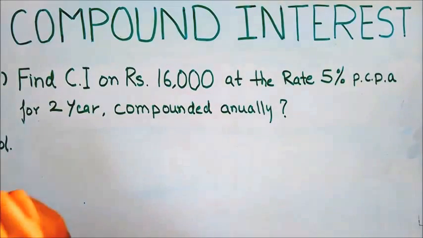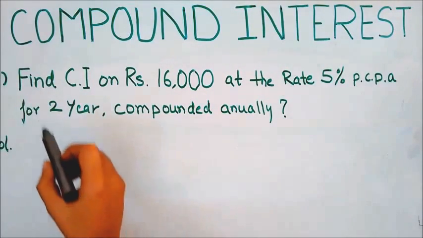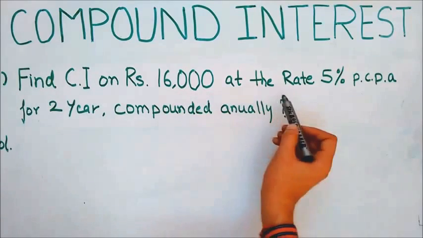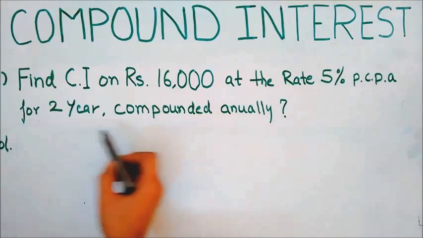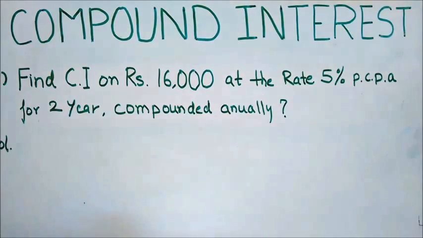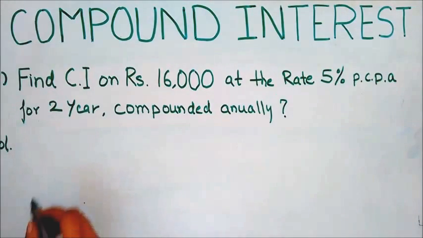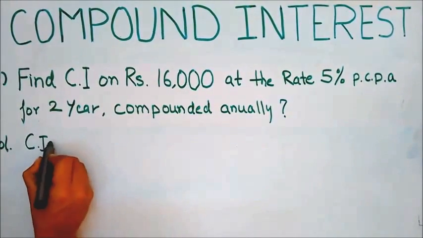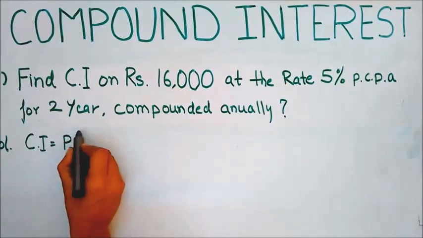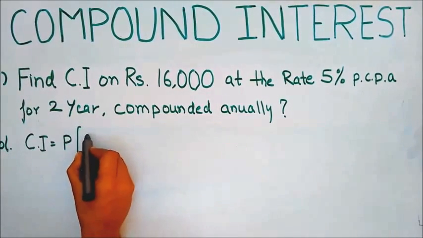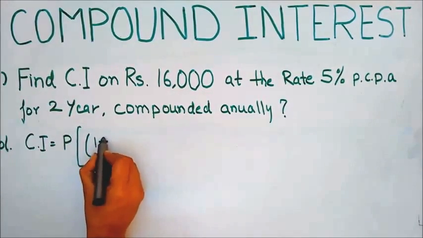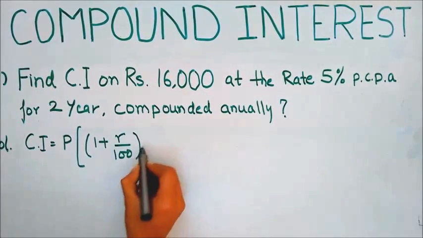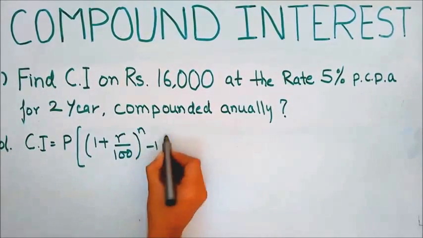Now we will solve a question based on compound interest: find the compound interest on rupees 16,000 at the rate of 5% for 2 years compounded annually. Now remember the formula I told earlier, that is compound interest is equal to P[(1 + r/100)^n - 1].